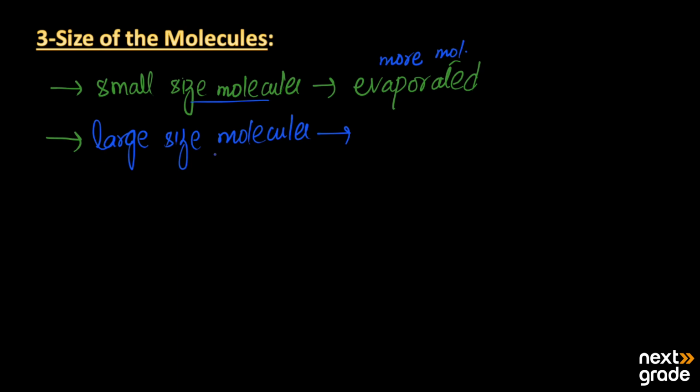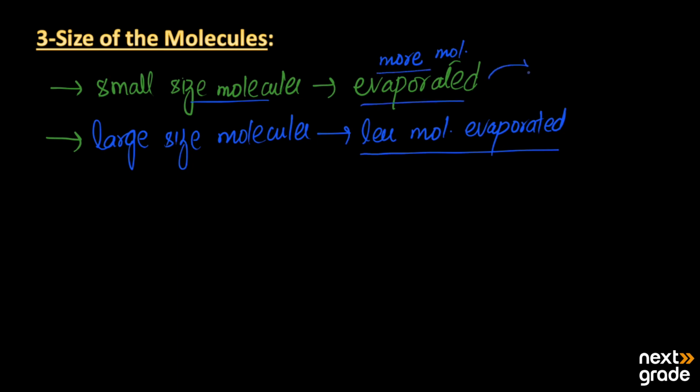If we have large size molecules, then fewer molecules are evaporated. When fewer molecules evaporate, it means there is less vapor pressure, and when more molecules evaporate, there is high vapor pressure. So the big size molecules of the liquids will make a smaller number of vapors. In turn, the pressure will also be less.